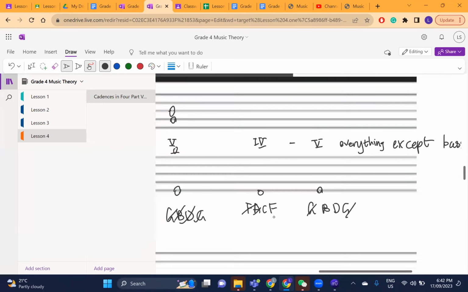So we have F to D here. Everything goes down. I never said steps down. C to B, and now A to G. Everything else goes down, except for the bass, which goes up.